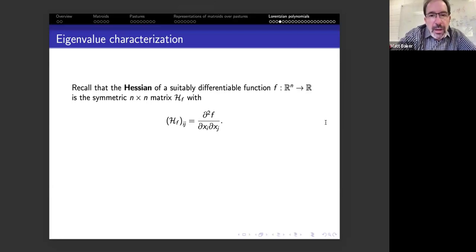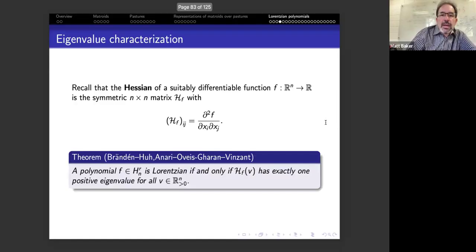So speaking of second derivatives, you'll probably recall from calculus that the Hessian of f is a symmetric matrix given by the second partial derivatives. And one theorem is that a polynomial is Lorentzian if and only if its Hessian has exactly one positive eigenvalue at every point of the positive orthant.